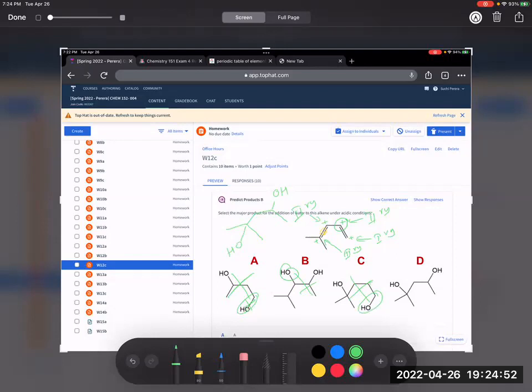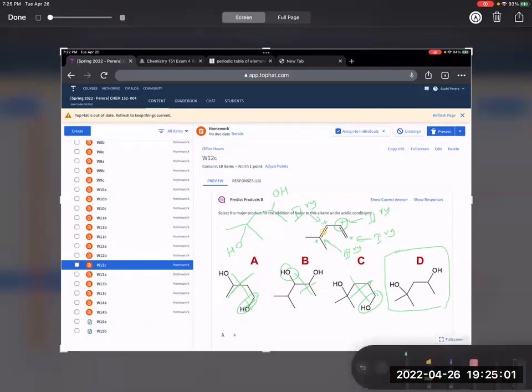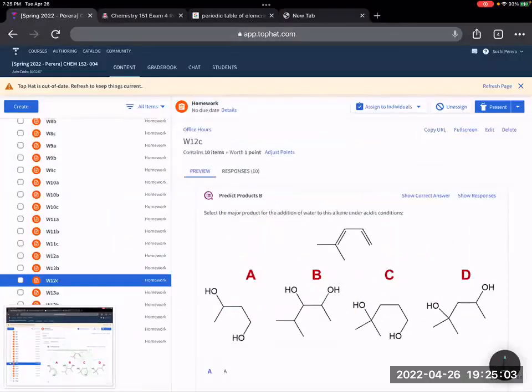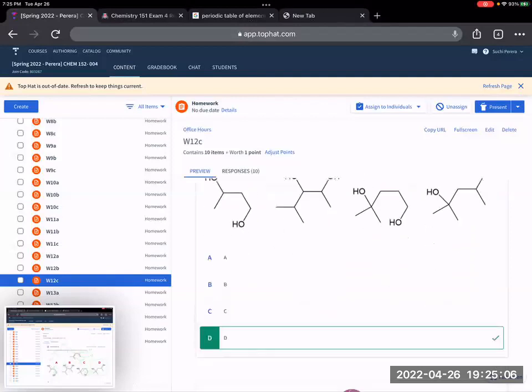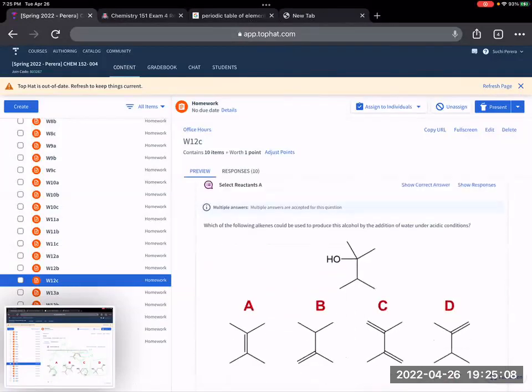Therefore it has to be option D, and option D looks like what we drew over here. So the correct answer is option D.